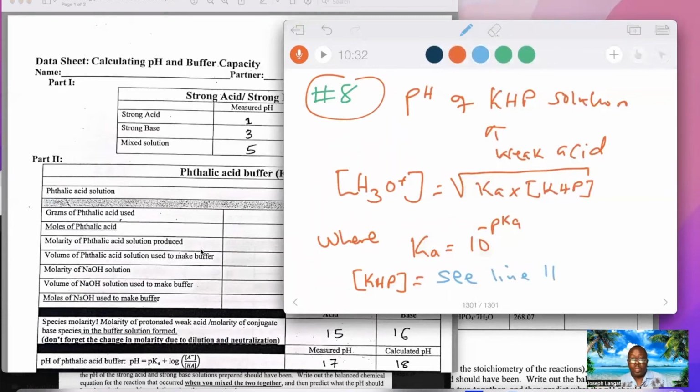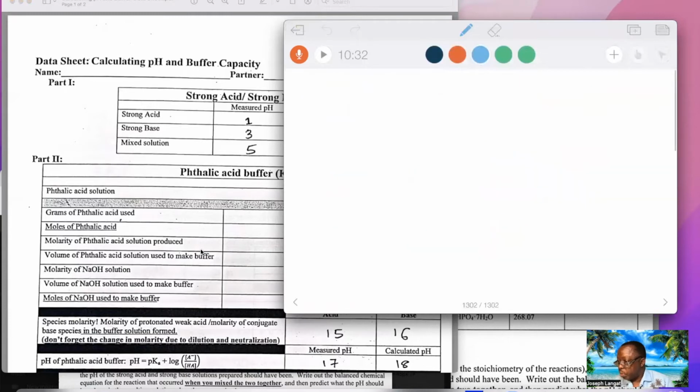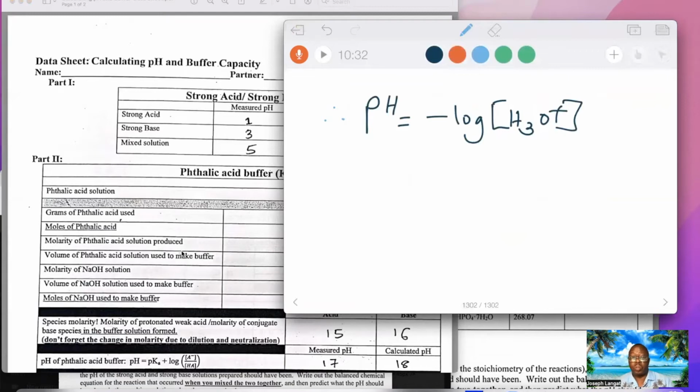At this point, you have the hydronium concentration for the KHP solution. Therefore, pH is given by the negative log of the hydronium concentration.